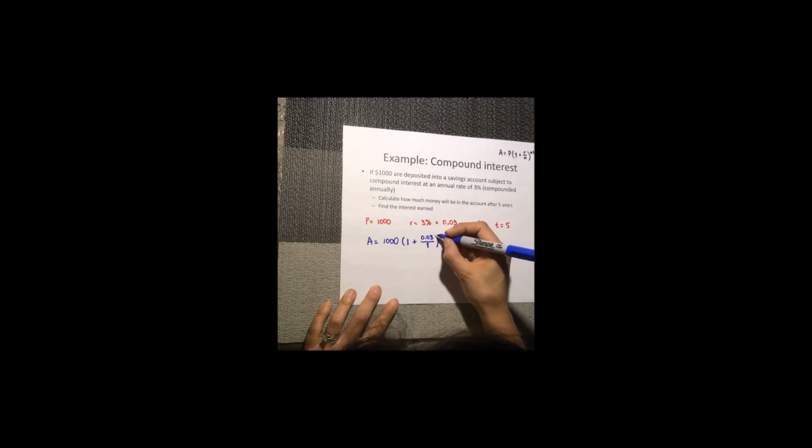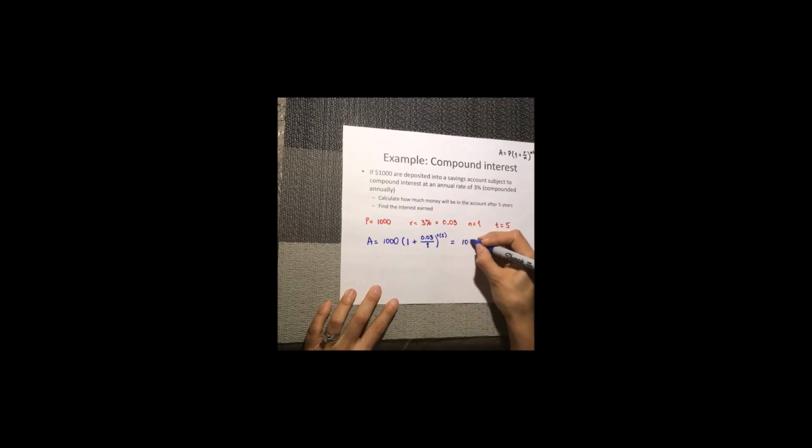And this is going to be to the power of 1 times 5. So at the very end, we're left with 1,000 times 1.03 to the power of 5. This is going to be equal to 1,159.27.